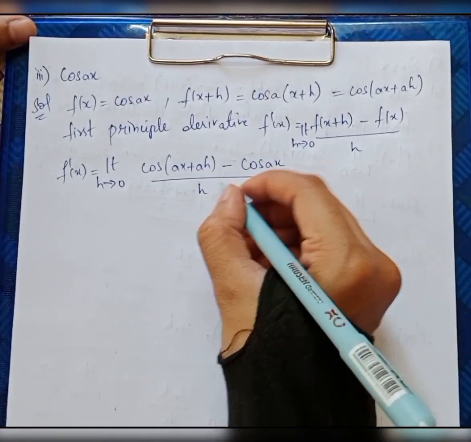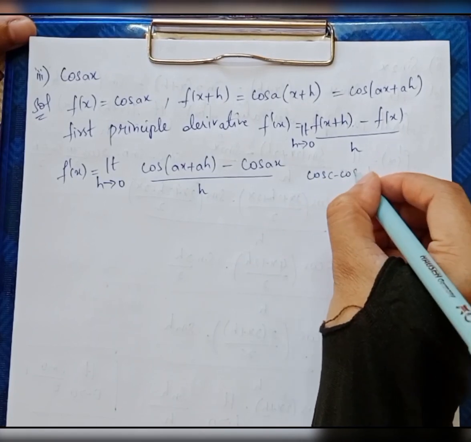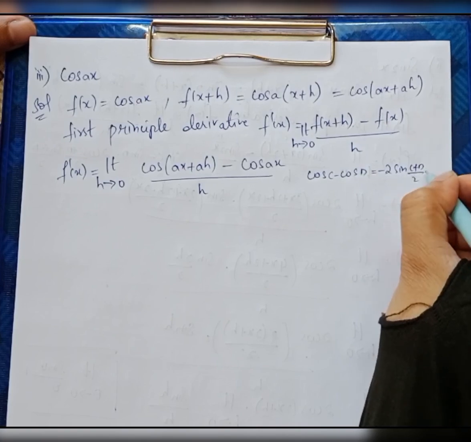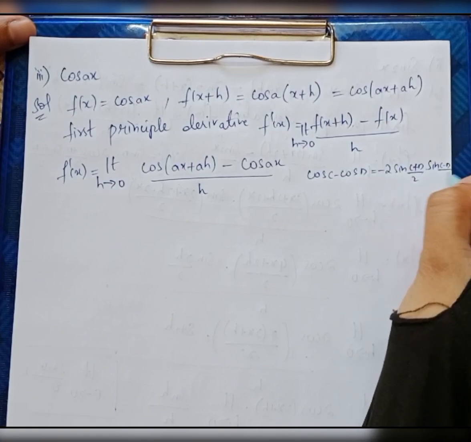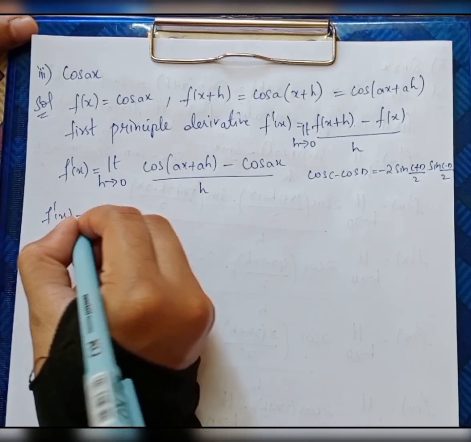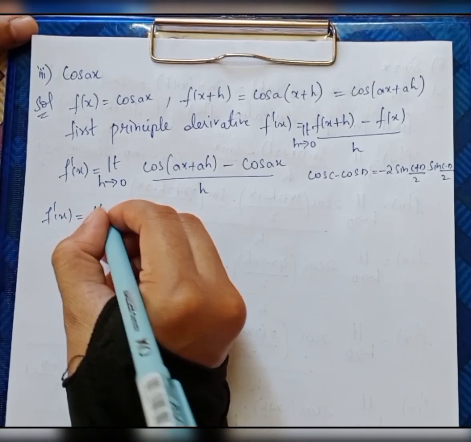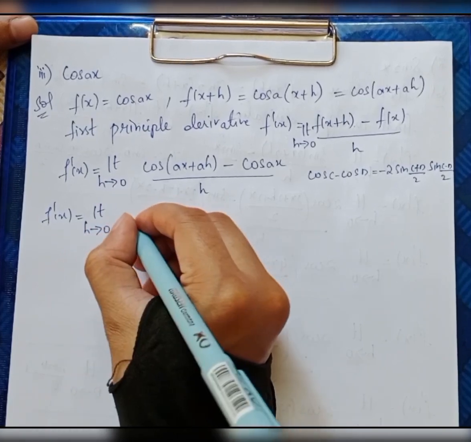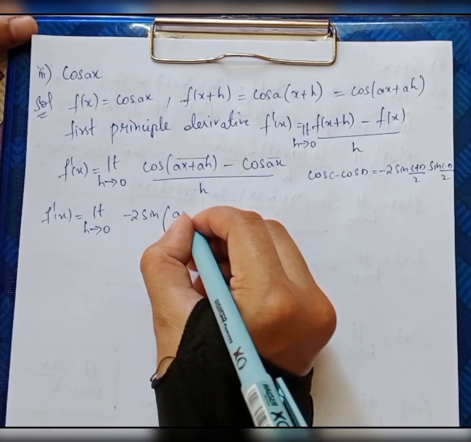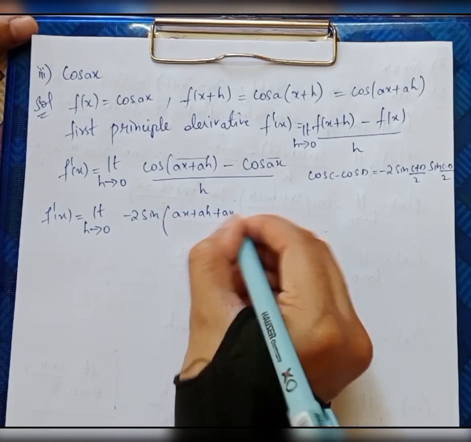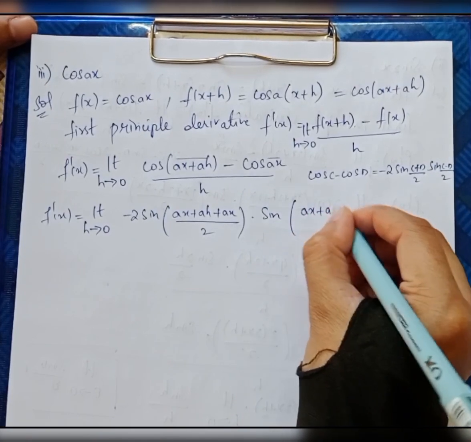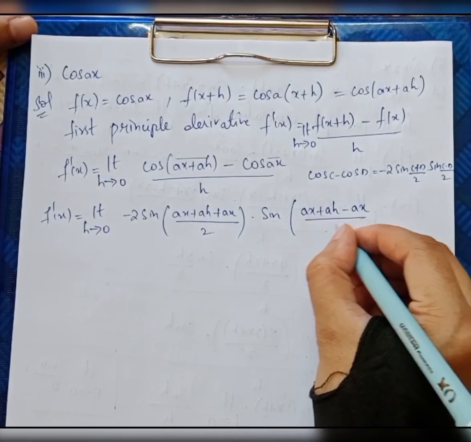Now we shall write the formula of cos C minus cos D. The formula is minus 2 sin((C + D)/2) into sin((C − D)/2). So this can be written as f'(x) equals limit h tends to 0, minus 2 sin, this is completely C and this is D, so it is (ax + ax + ah)/2 into sin((ax + ah − ax)/2).